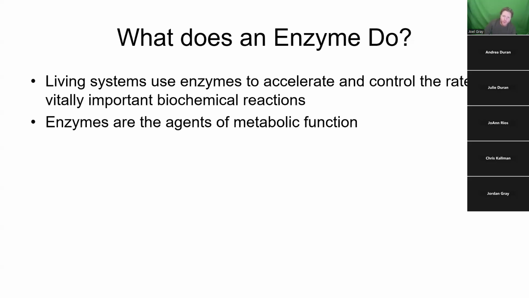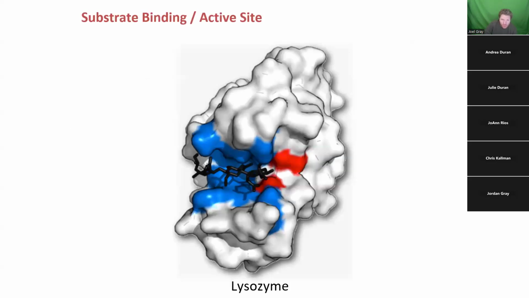Now, an important structure of an enzyme is known as the active site. And another important term related to an enzyme, and this particular enzyme is one known as lysozyme. So we've got our enzyme, and what colors do you see that our enzyme is illustrated in?